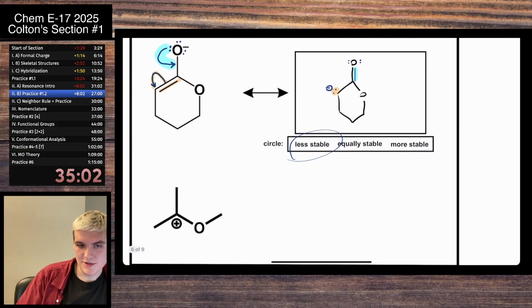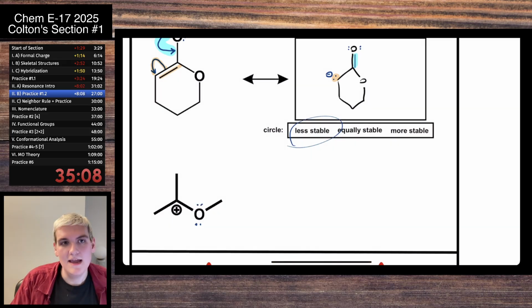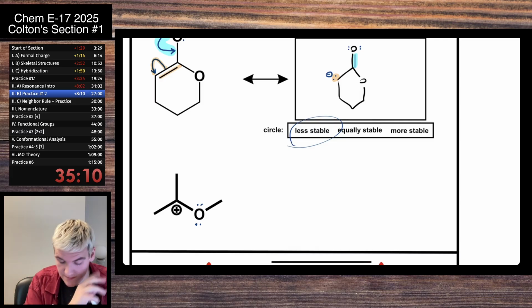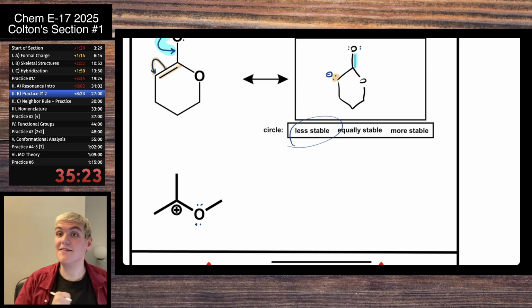So with that in mind, returning to our past example, this structure over here that we started with last time, if we did a resonance structure for it, where is our source of electrons? It's not the most clear. It's clear where we need electrons.